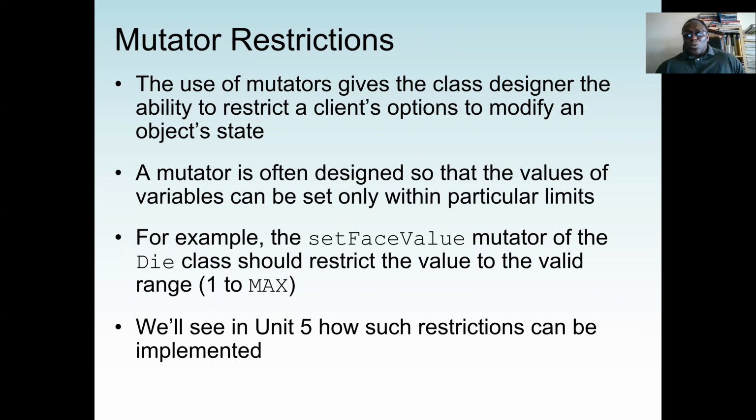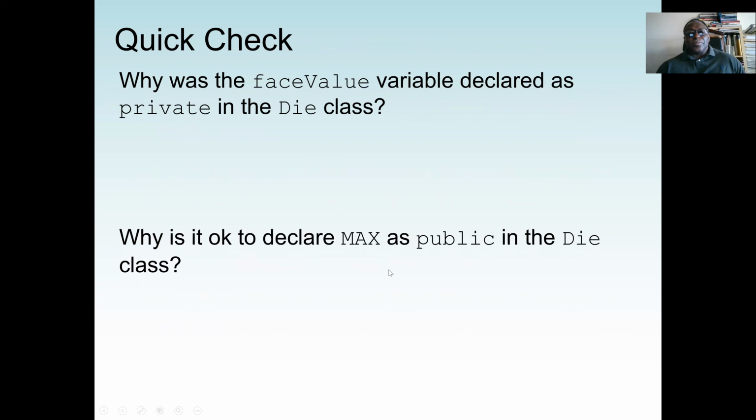We want the minutes to be between 0 and 59. When it's greater than 59, we increment the hour by 1. So it is to set the limit of the value. And again, we will see this in Unit 5 when we implement it.